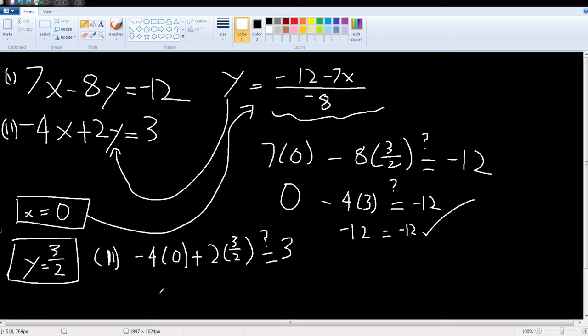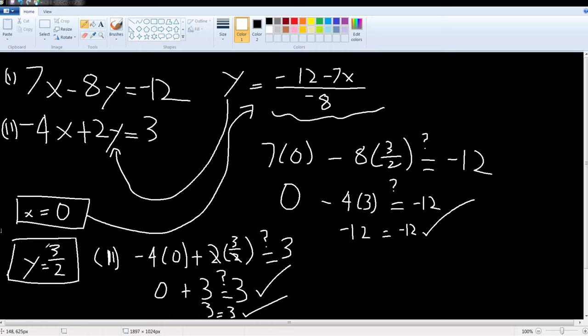Negative 4 times 0 here is just 0, plus 2 times 3 over 2. We see there's a 2 in the denominator, so the 2 here and this denominator cancel. So we just get 3 is equal to 3. And yes, it is. There we go.